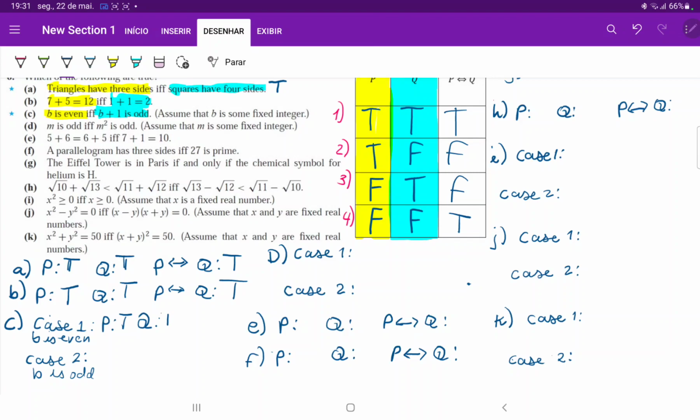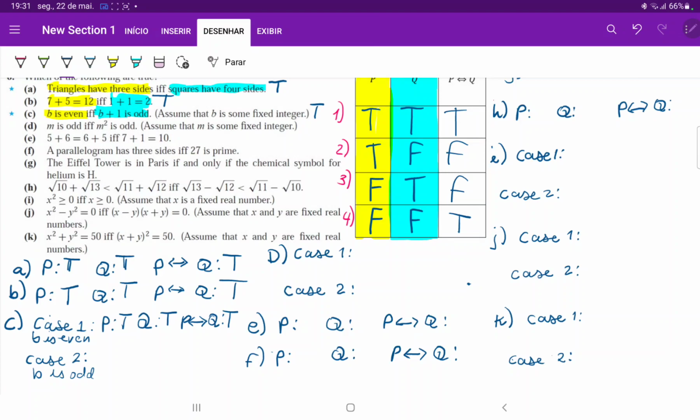So that is true. Therefore, P if and only if Q must also be true by the first row, because we have true and true. Okay, so I forgot to put this previously. That is true, and then this is true.